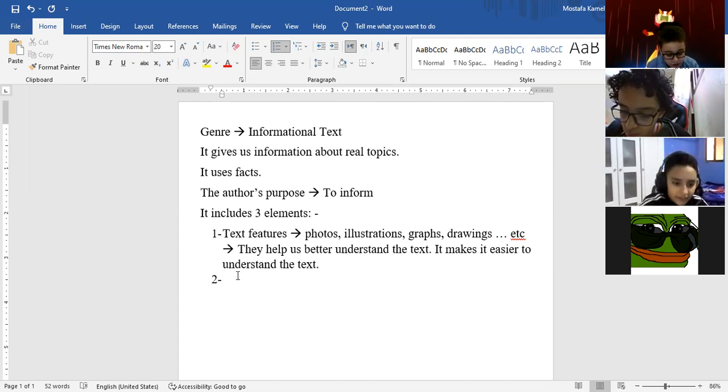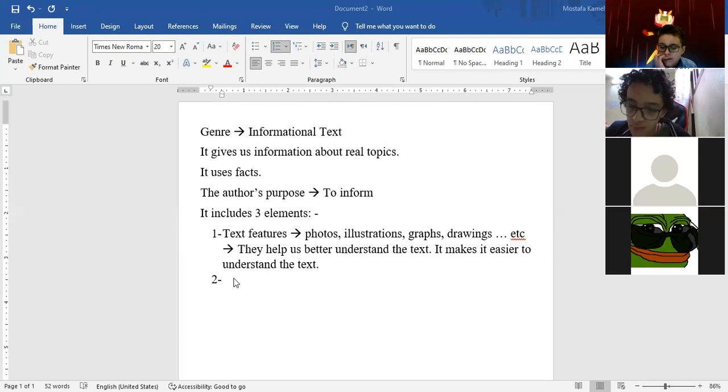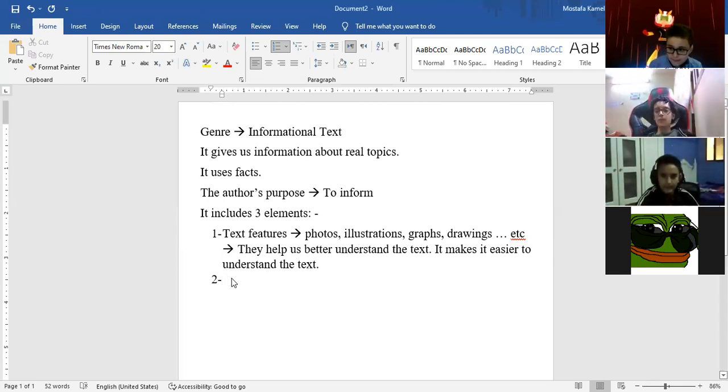The informational text gives us real information about things. Yes, we have the text features. What else do we have? Kareem, what is the second thing that we have in the 3 elements?